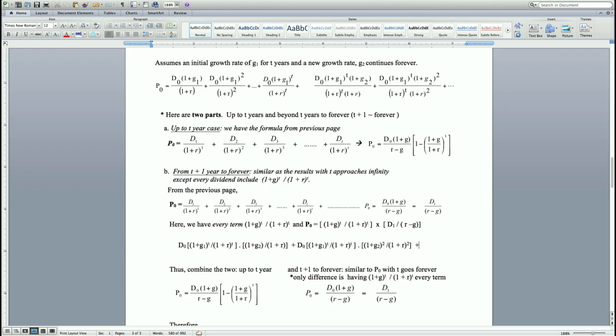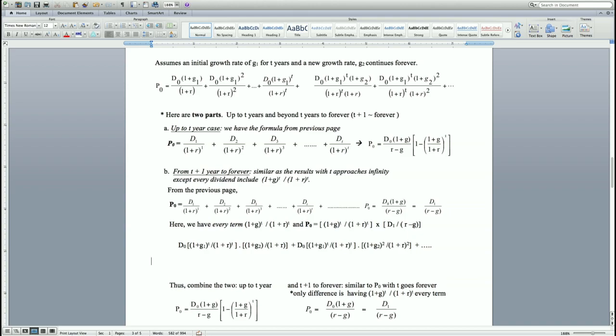So it will go on and on continually. Then what we do here, we pull out this guy, okay, this guy from each term. Control C, pull out. We have here 1 plus G, 1 plus R, power to T.